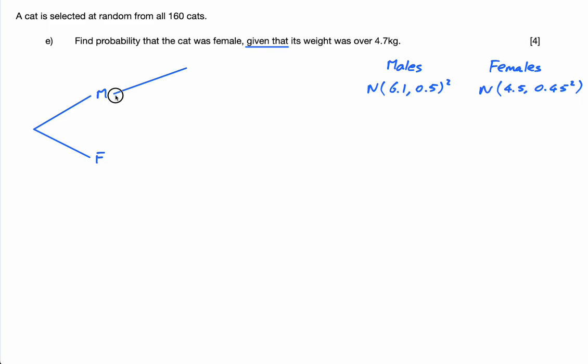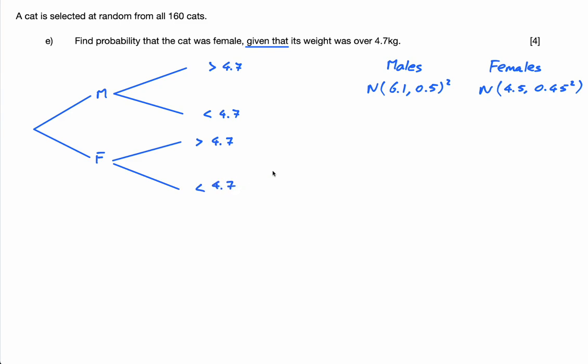Okay, so the tree is male and female, and then greater than 4.7, less than 4.7, and then female, same thing, greater than 4.7 and less than 4.7.